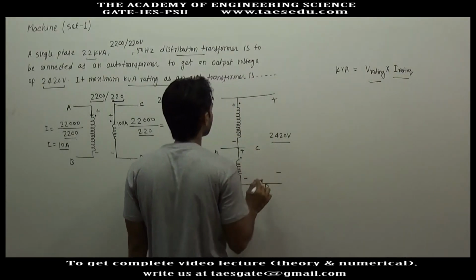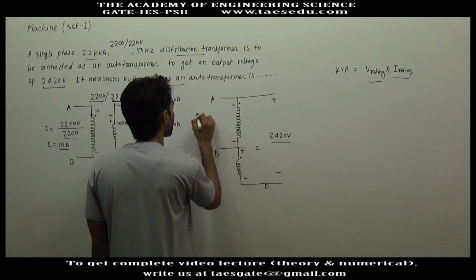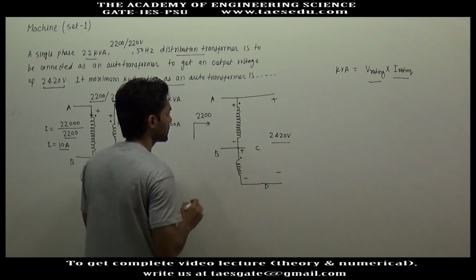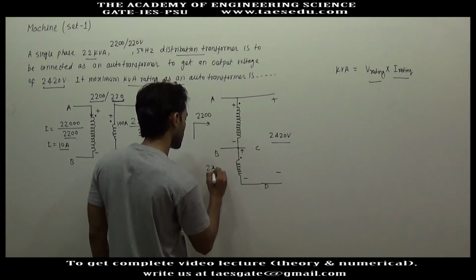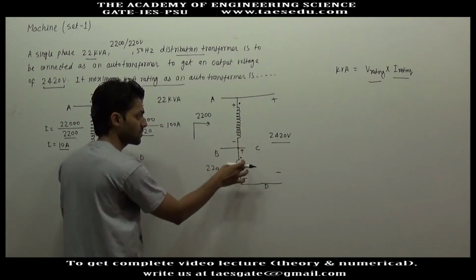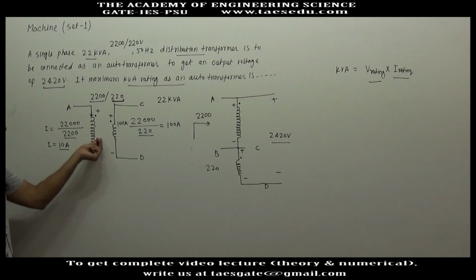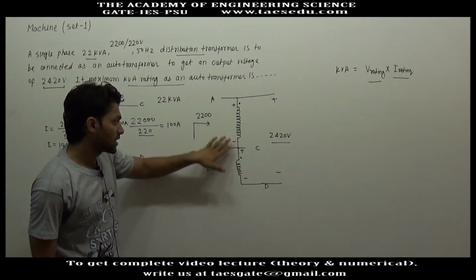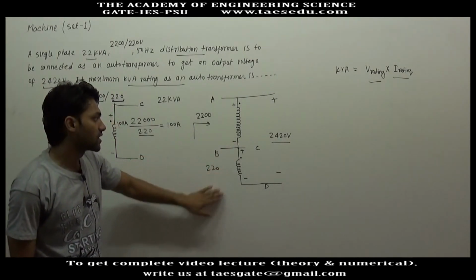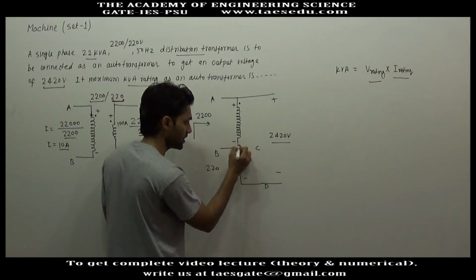So when you apply the maximum voltage of 2200 here, the voltage across the other winding will be 220, because these two windings are coupled. In the two-winding transformer you have only magnetic coupling of windings. In the autotransformer, along with the magnetic coupling, you have an electrical connection between the windings.